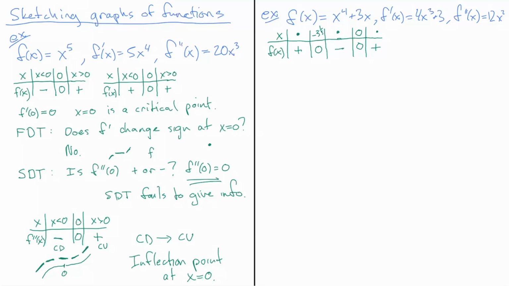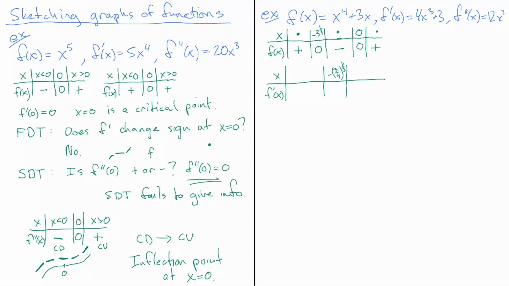Okay, so let's see what we can figure out about f prime now. So f prime of x is going to have a single 0, and it's going to be at minus 3 over 4 to the 1/3.